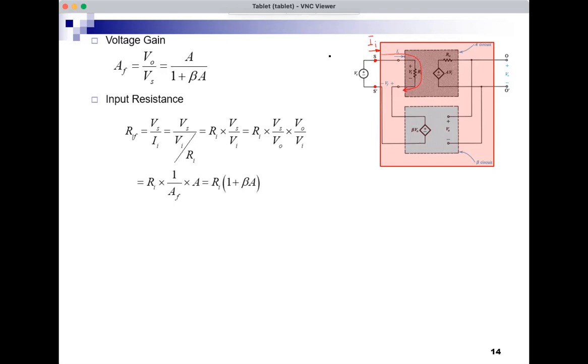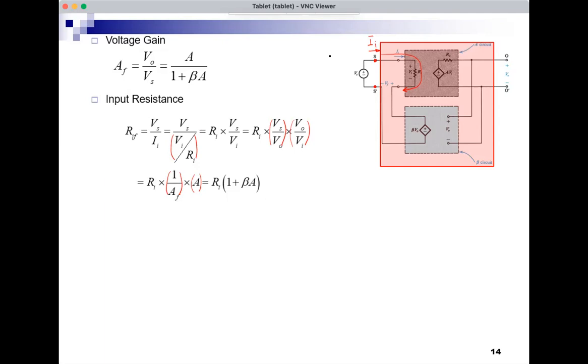Ri is the input resistance of the amplifier without feedback. And we can write this as Ri times Vs over Vi, which can be written as Vs over Vo times Vo over Vi. Vs over Vo is 1 over Af, and Vo over Vi is A. And this gives us that the input resistance with feedback, Rif, is Ri times 1 plus beta A.